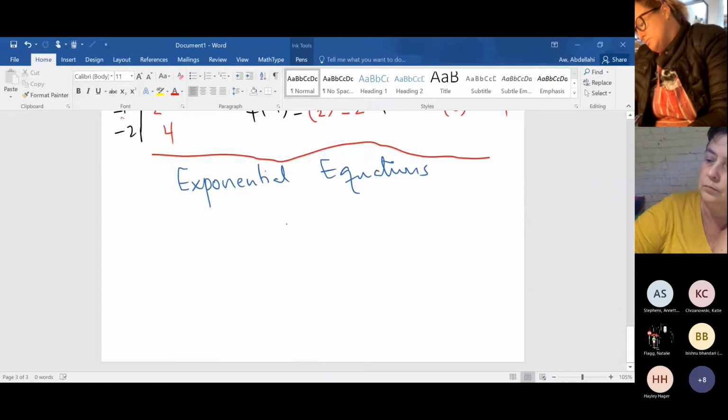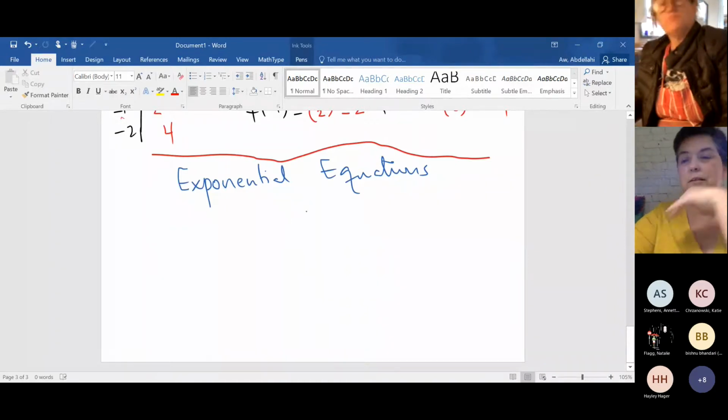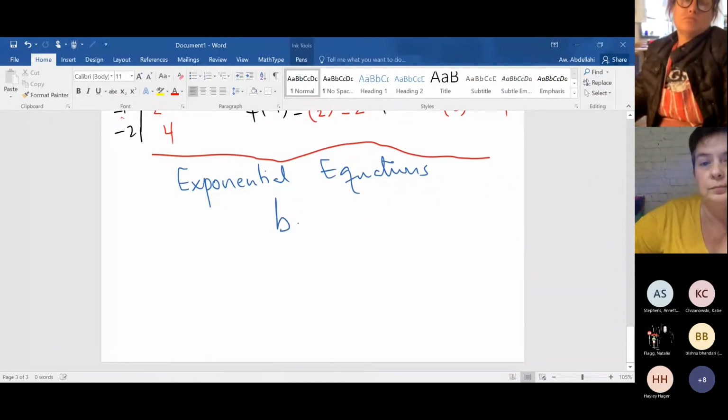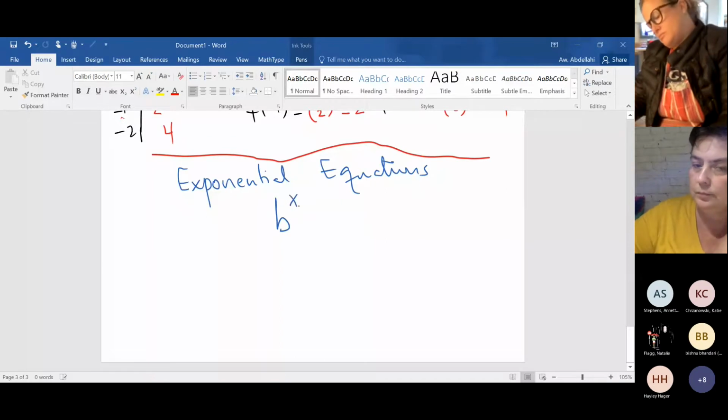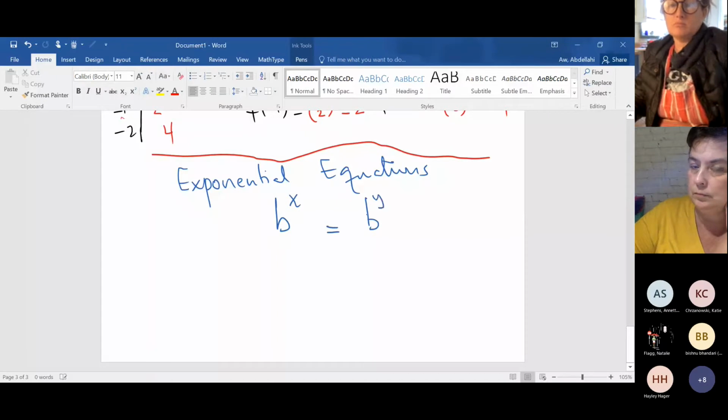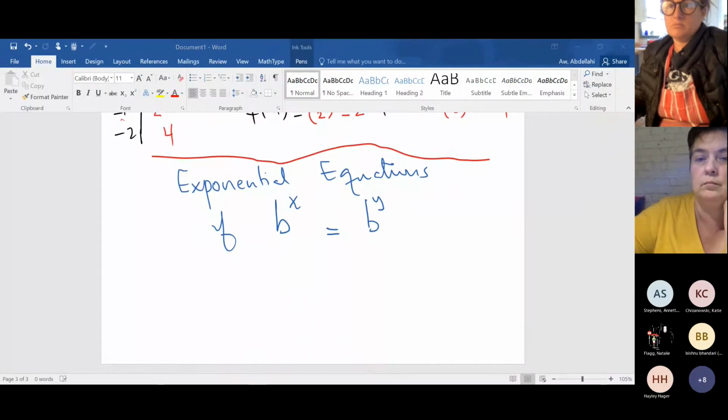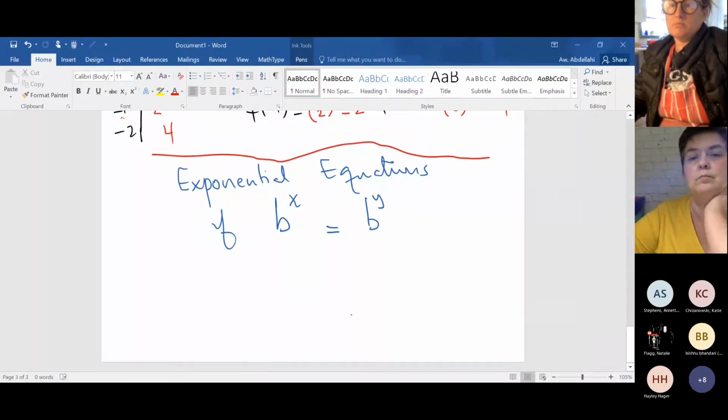Now, if I have b to the x power equal to b to the y power, what should we obligatorily have for this to be true?